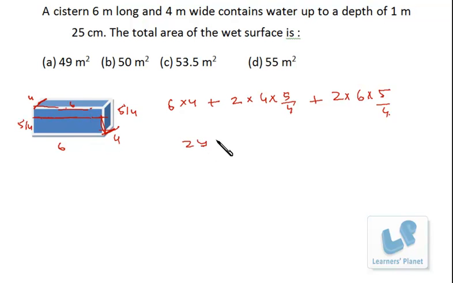So it is 24 plus 10 plus 15, so in all it is 49 meter square. Okay, just be very careful that the top surface will not get wet. I hope you are getting me.